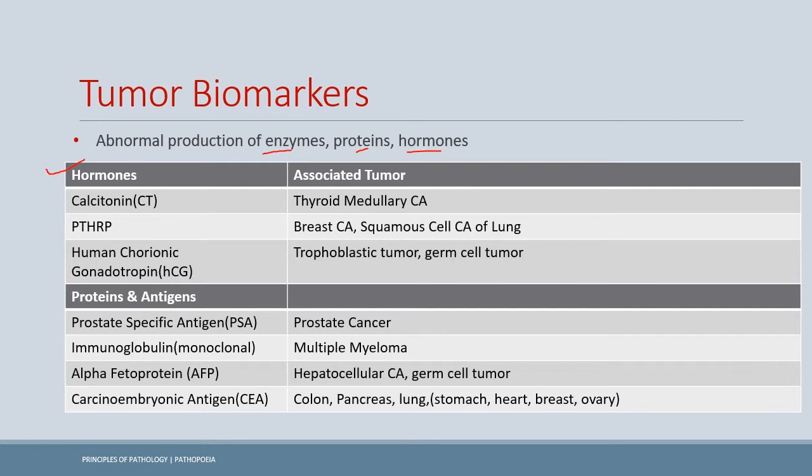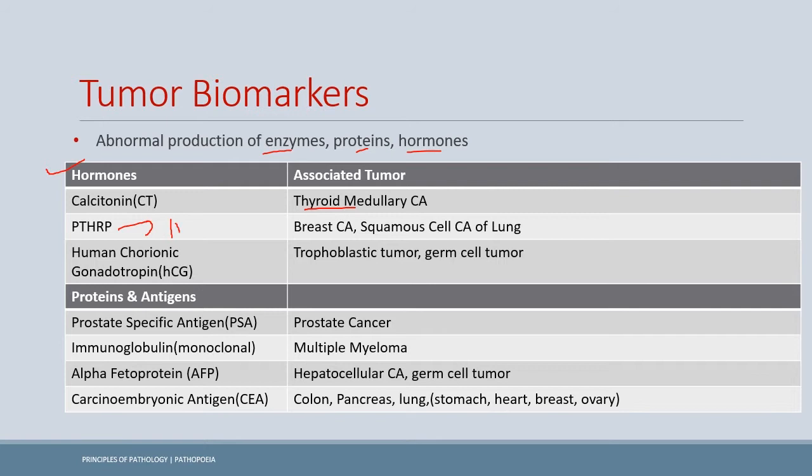Now, there are hormones like calcitonin, which increases. Of course, you can imagine that the thyroid gland usually increases the calcitonin. Now, in case of the PTHRP, what is the full form? It's parathyroid hormone related protein, and this is increased in case of the breast carcinoma or the squamous cell carcinoma of the lung.